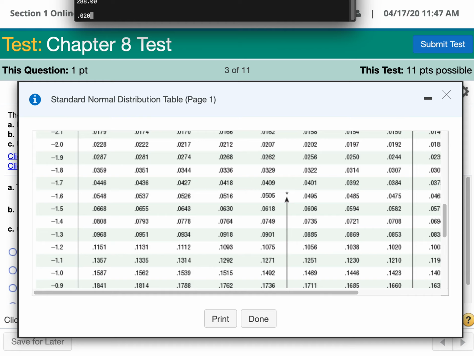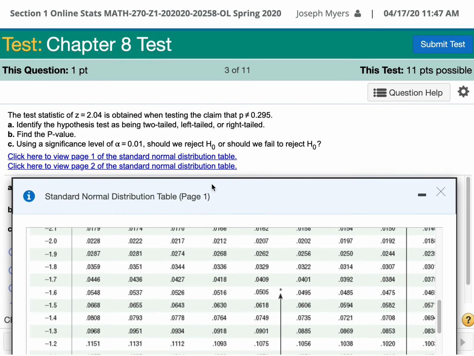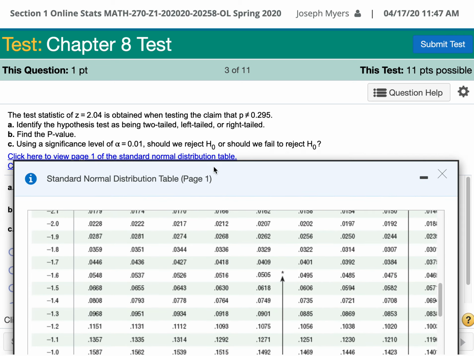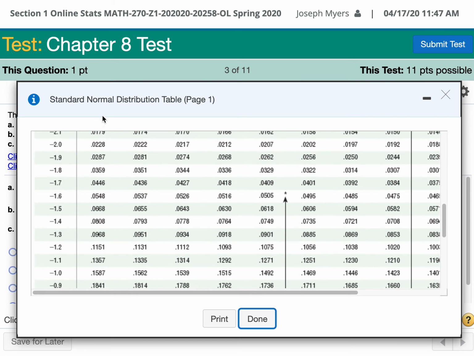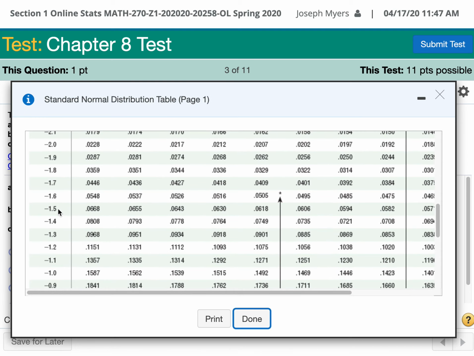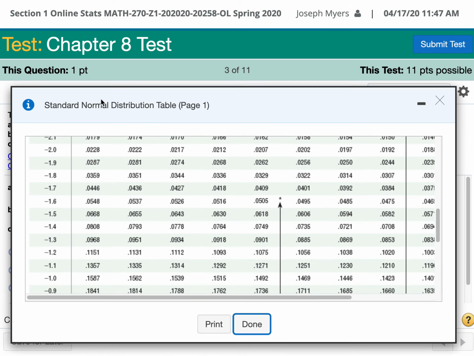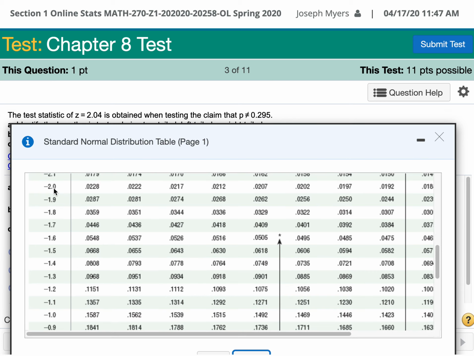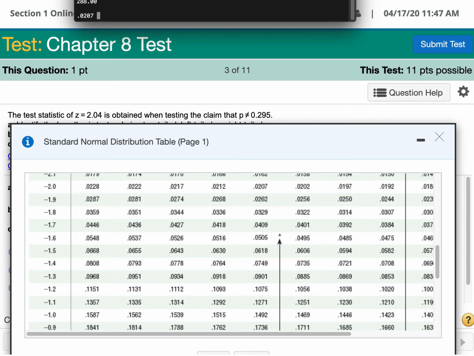Let me just double check that I remember the number right. Yes, it says 2.04, so we're looking for negative 2.04, and 0.0207 is the value that we want.